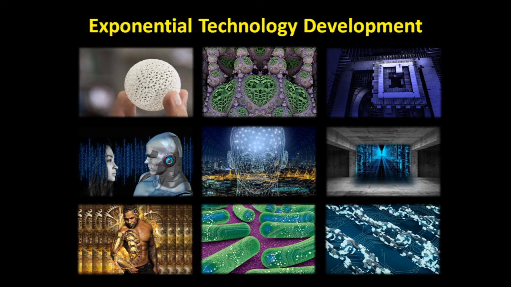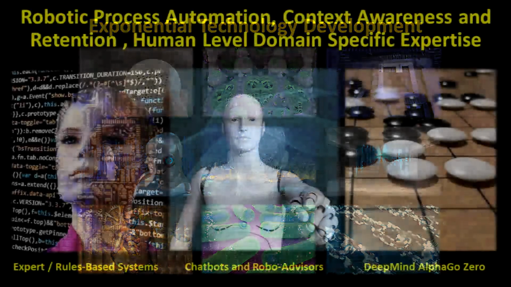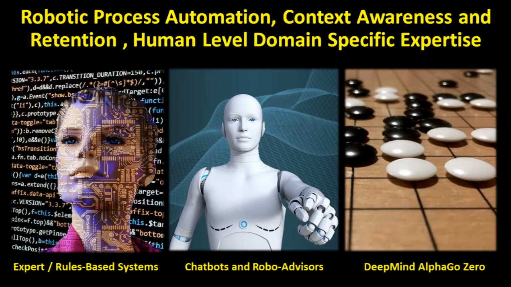Right now we see examples of what we think of as narrow artificial intelligence, broadly breaking down into these three categorizations. So first of all, looking at an expert role, looking at rule-based systems. And very often we see these are the kind of automated processes that a machine can do more effectively, quicker, more accurately than a human. The second category is associated with chatbots and robo-advisors.